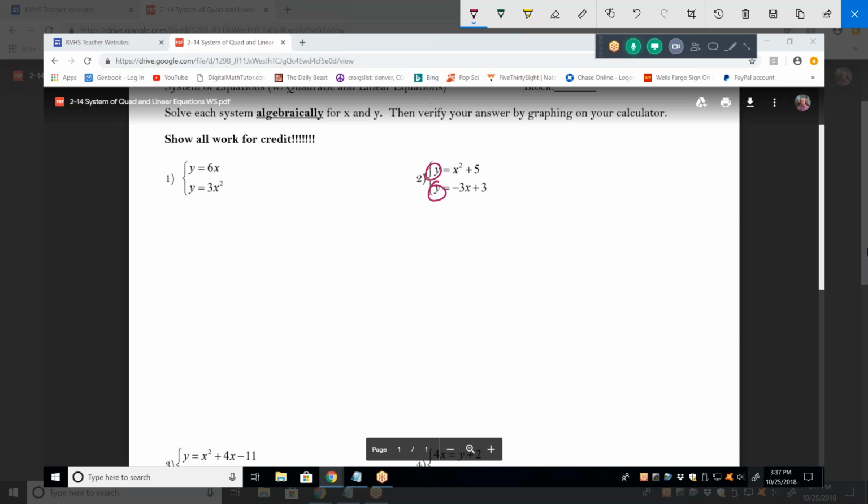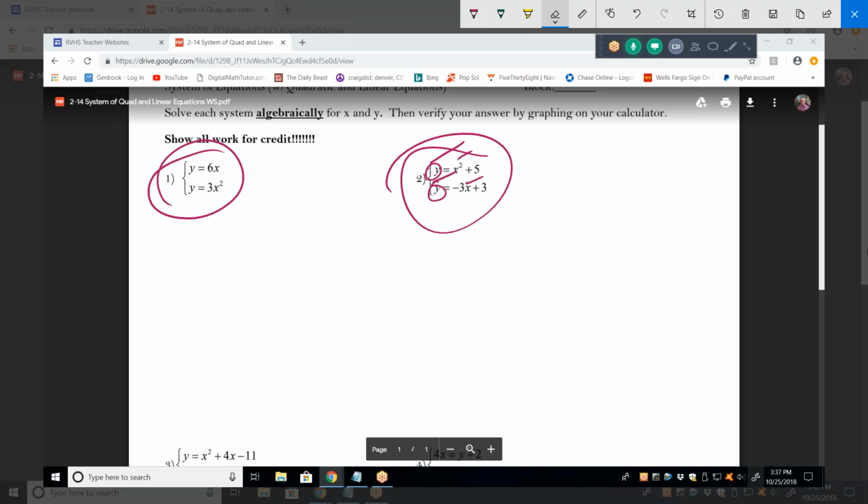I'm not sure what to say because this one has more. No, it really doesn't. What you're doing is setting the y's equal to one another. This is a system of equations, not two independent equations. When you have a system of equations, that y equals that y, and that x equals that x.